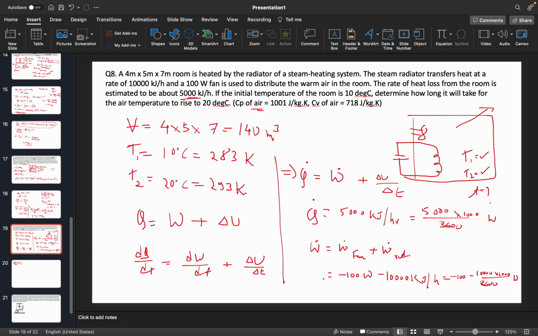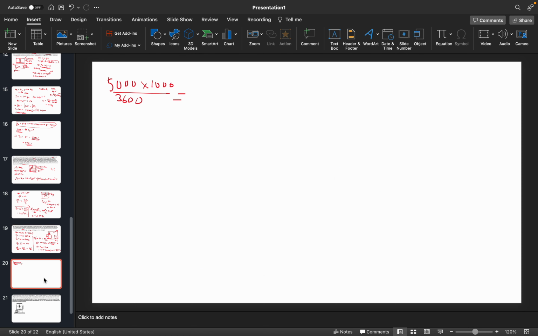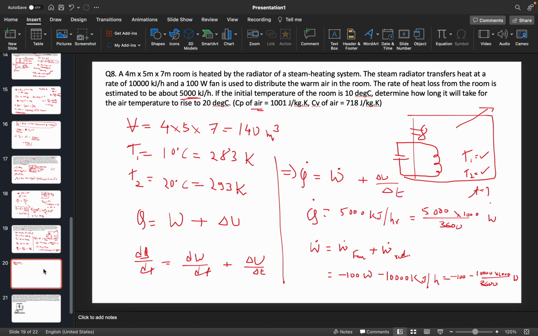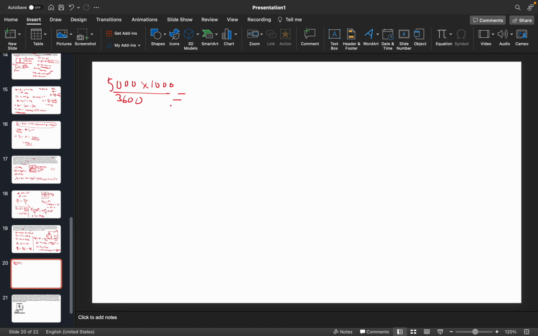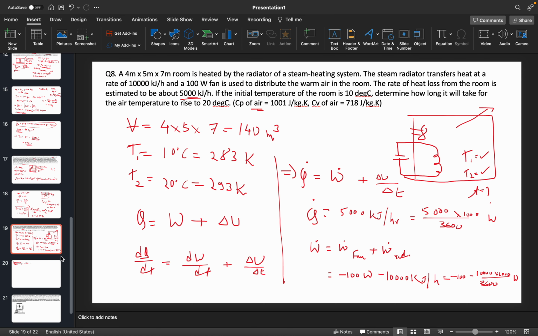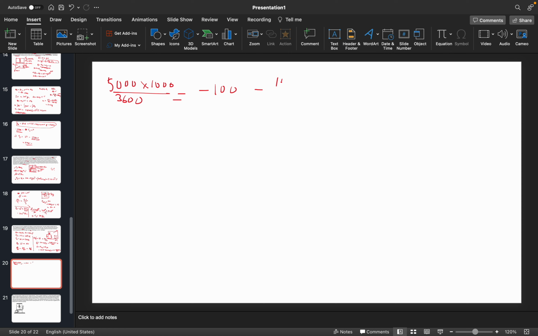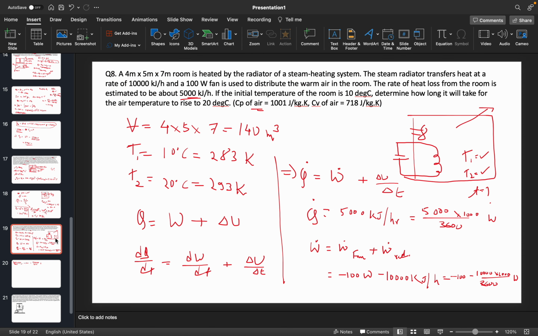Wait a minute, the steam radiator transfers heat at the rate of this one, and 100 is the fan. And this one I can write as minus 100, and this one as minus 10,000 into 1,000 divided by 3600 plus m Cv (T2 minus T1).